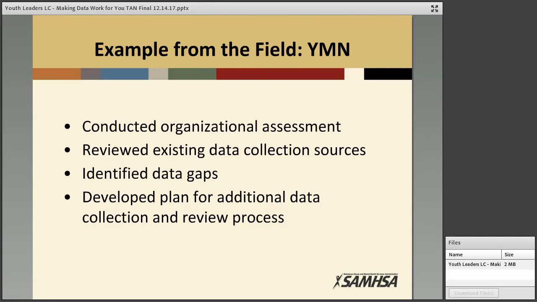We're a membership-based organization with chapters all over the country. So what data do we need to know about those chapters to better support them in their local program development? And so we looked at data that we get through our social media, our Twitter and our Facebook, and data that we collect when we go on site to communities and we do pre and post tests when we're offering training.